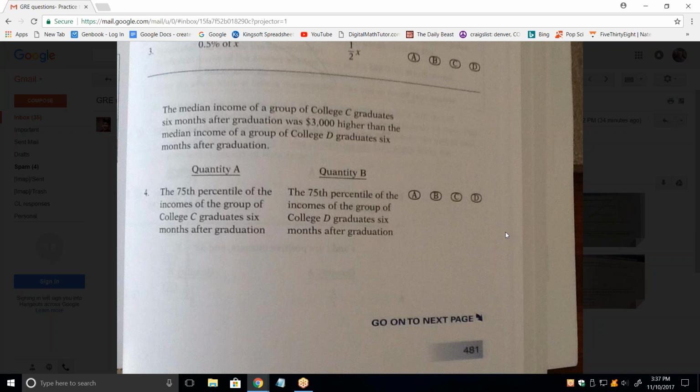If you were to have 100 people in Group C, and their incomes were 1,000, 2,000, 3,000, all the way up to 100,000, then the 75th percentile would be that guy who makes 75,000. Okay. In other words, he is at the top of the third quartile. Right.